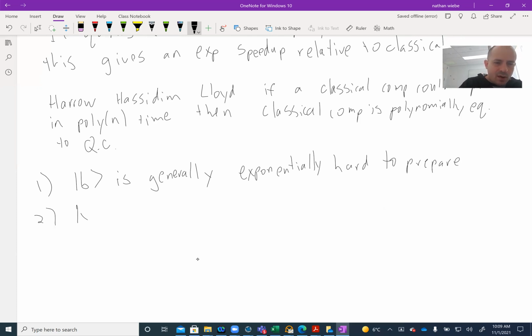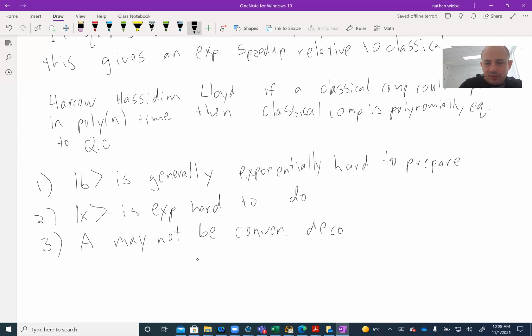Two, if we want to know X and not just the expectation values of some operators in a state X, learning X is exponentially hard to do. Or three, the matrix A may not be conveniently decomposed into a sum of unitaries.